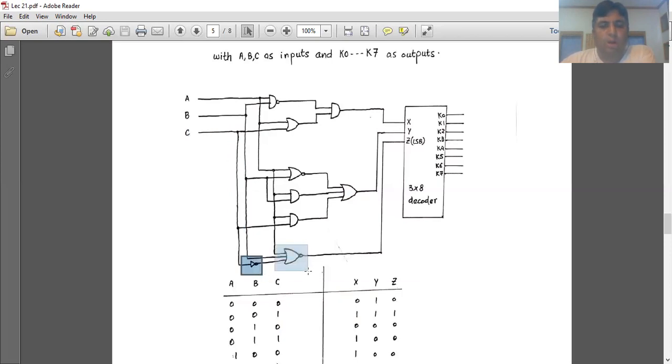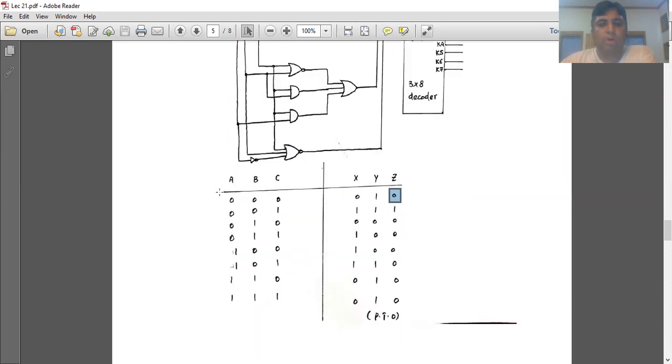In the case of a NOR gate, if any of its inputs is equal to 1, it will give a 0 output. So we don't have to analyze any further. If one input of the NOR gate is equal to 1, that is, in this case C is equal to 0 and C bar is equal to 1, then the NOR gate will give a 0 output.